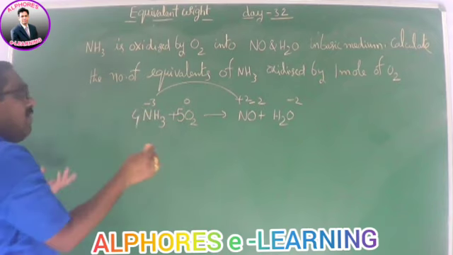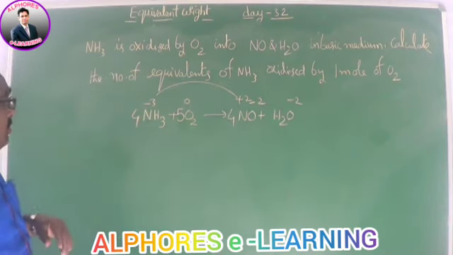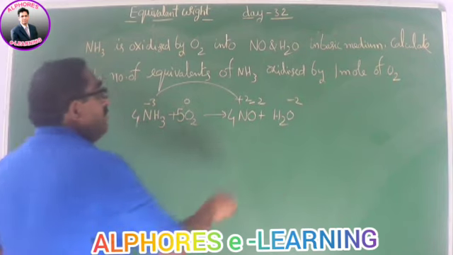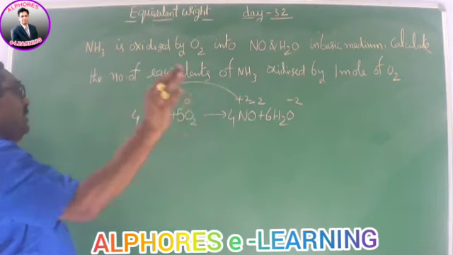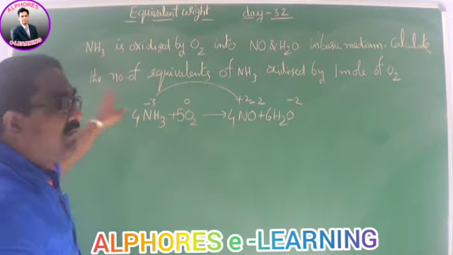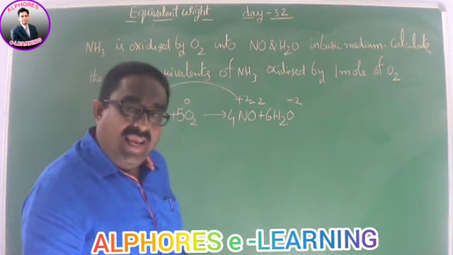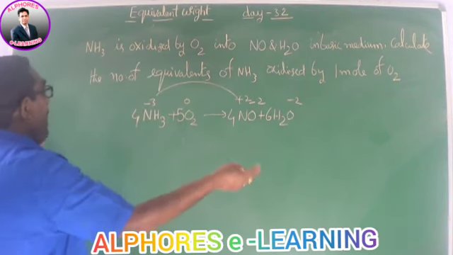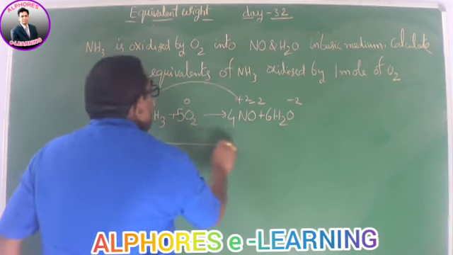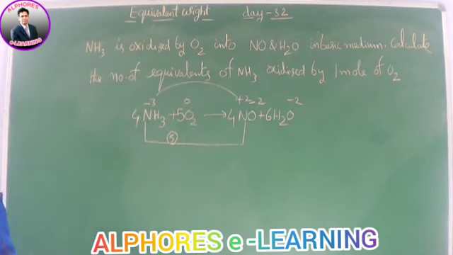Write 4 here. 4 NO. Now balance hydrogens: 4 into 3, 12, so 6 H2O. All the elements on both sides have been balanced properly. Now I got the balanced chemical equation and I got the n factor also. The n factor for ammonia here is 5, for the nitrogen.